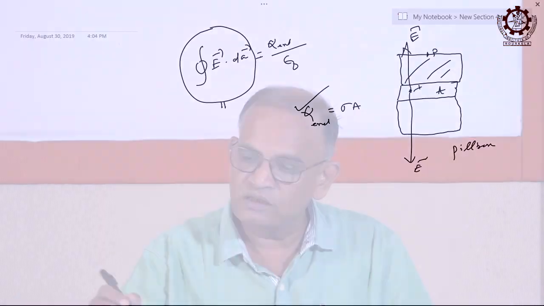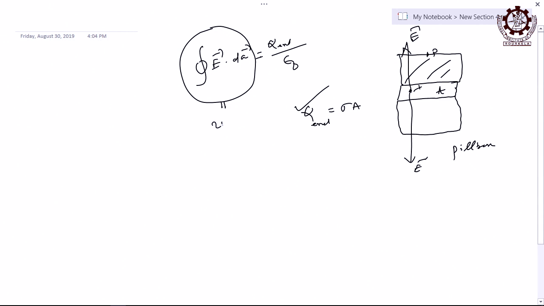So, ultimately this integration will lead to twice A times E bar, am I right? Why this twice A? Area above and below, right. Area contribution must be both that way and this way, but sides are nullified, right. You know the reason why.